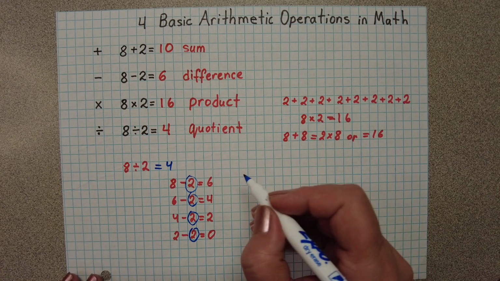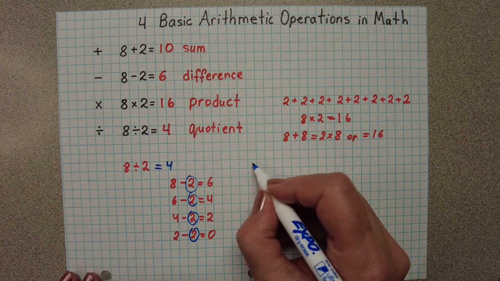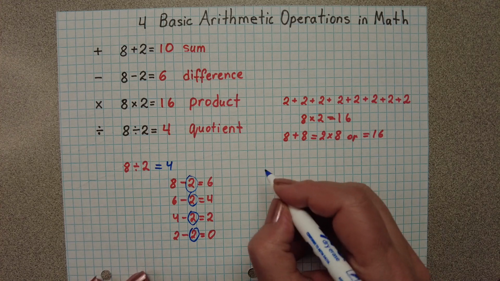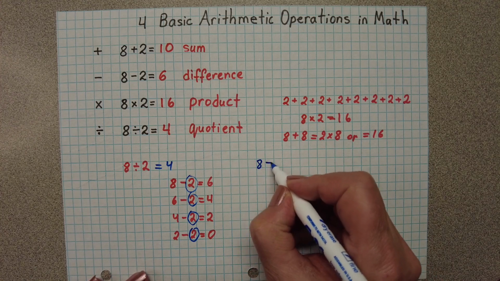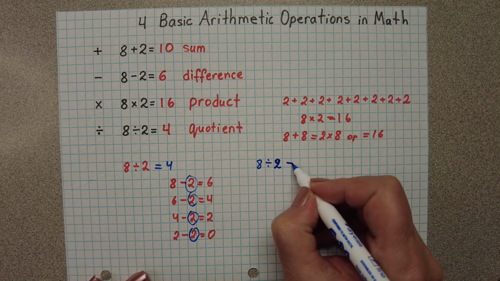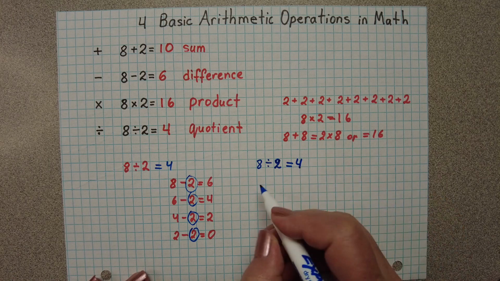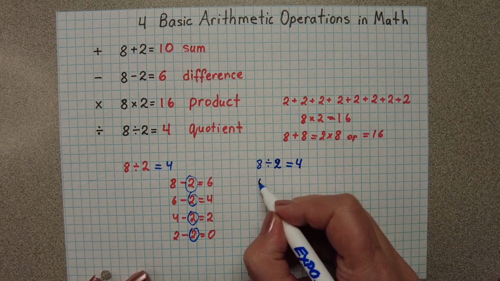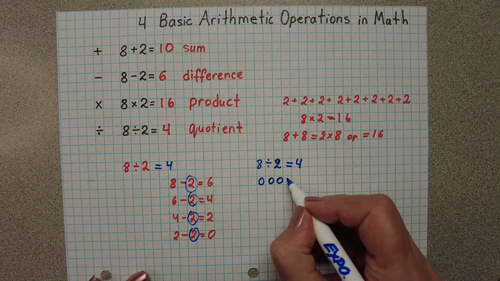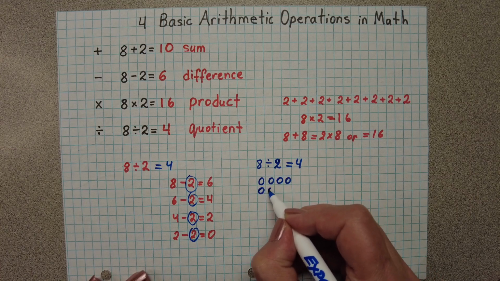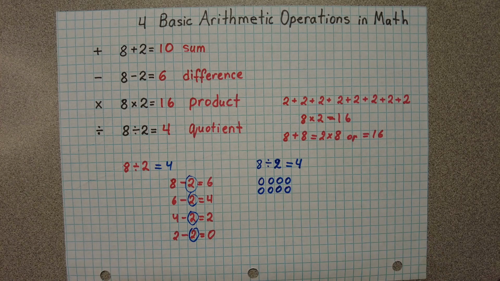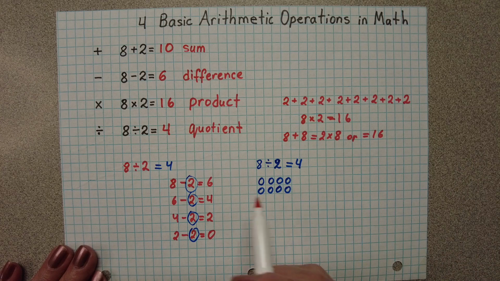We use grouping. Division is as grouped into equal numbers. 8 divided by 2 equals 4. Let's do 1, 2, 3, 4, 5, 6, 7, and 8. Let's say we have 8 apples.